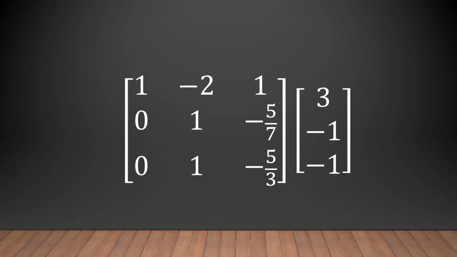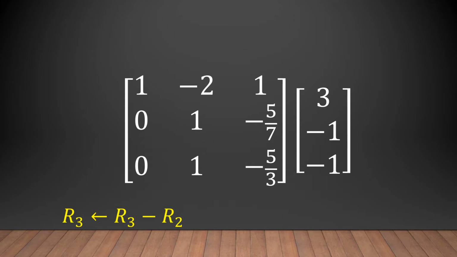All right, so back to our strategy: in the third row, that second position which says 1, we want to turn that into a 0. Well, the easiest way to do that is to simply subtract the second row from the third row, or R3 is replaced by R3 minus R2.